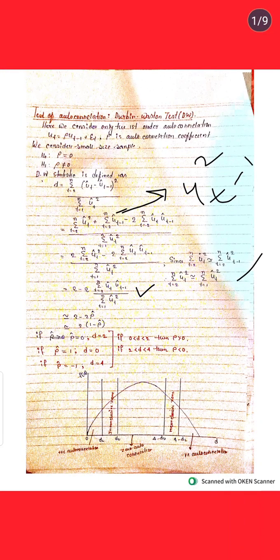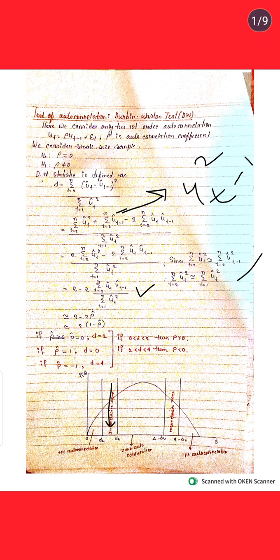If d star is in between d_L and d_U, or d star is in between 4 minus d_U and 4 minus d_L, the test is inconclusive. That means if d star is in between d_L and d_U, in this zone there is no result.